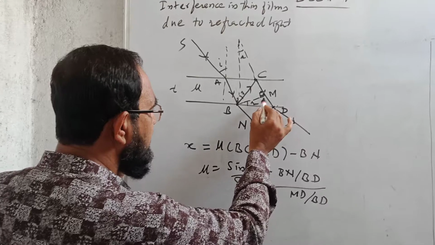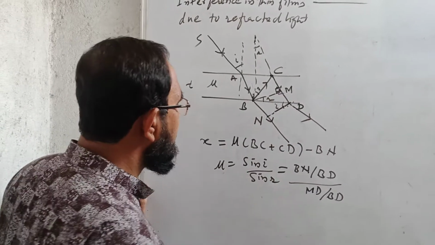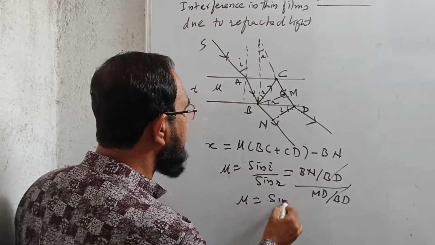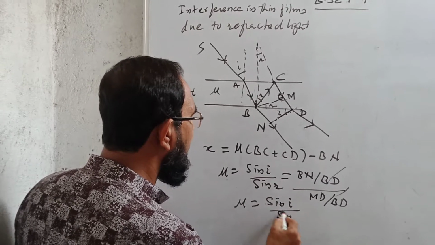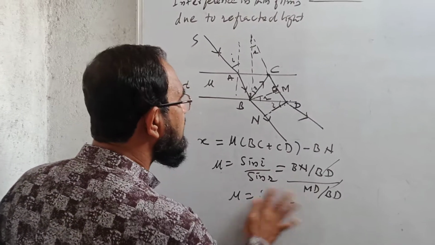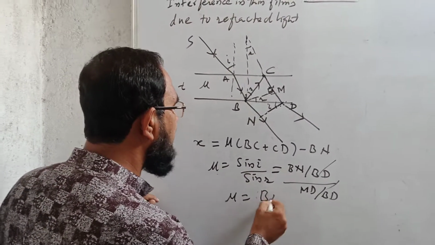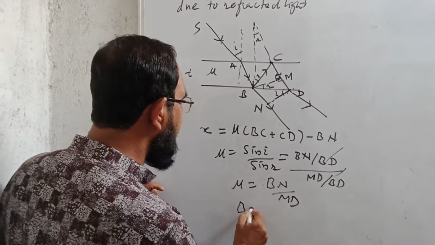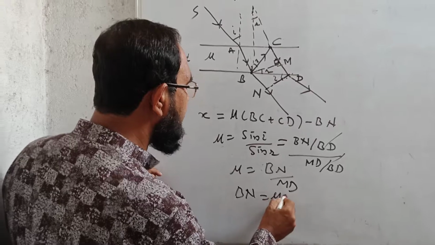This angle is 90 degrees. So BD gets cancelled, and you get mu is equal to BN upon MD. So BN can be calculated as mu MD.